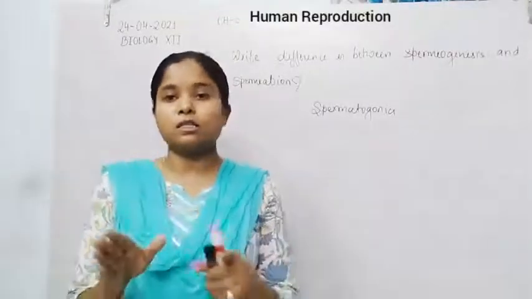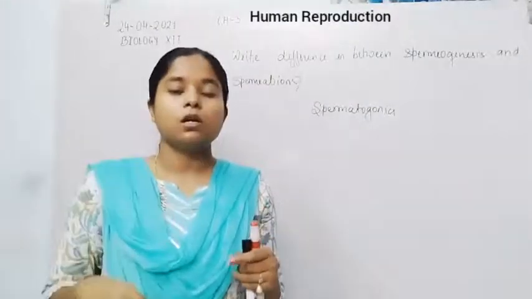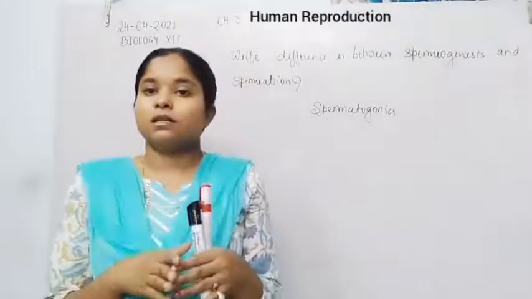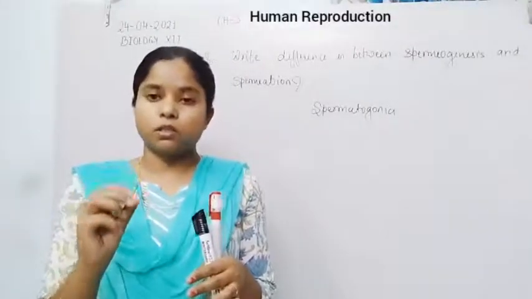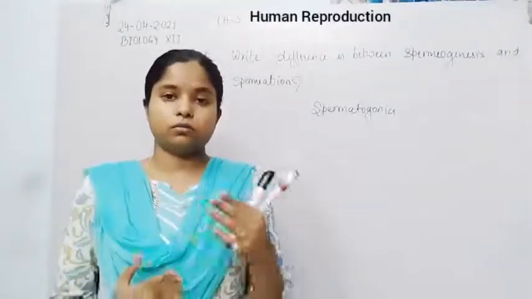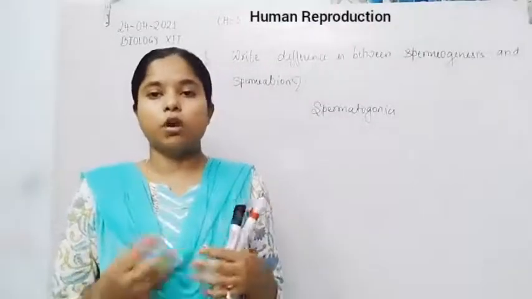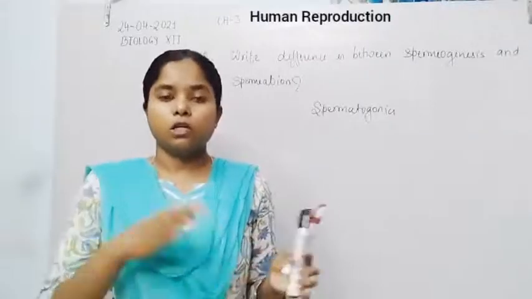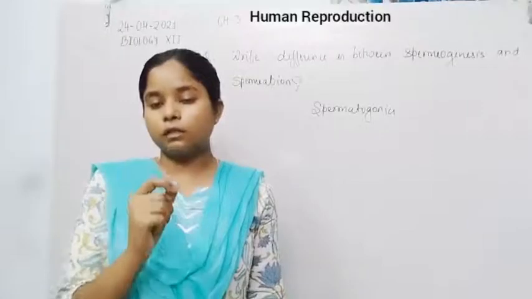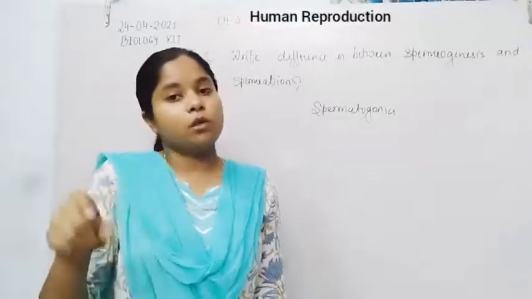But this process, when the primary spermatocytes undergo meiosis first division, takes place only when the individual comes to puberty. Due to certain hormones, they are triggered so that they can easily proliferate and complete their meiosis first division.